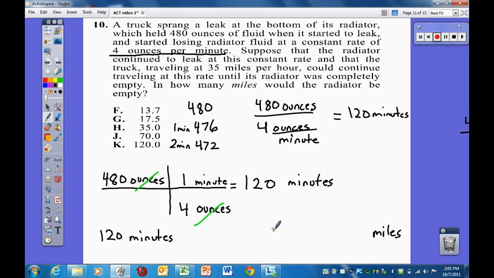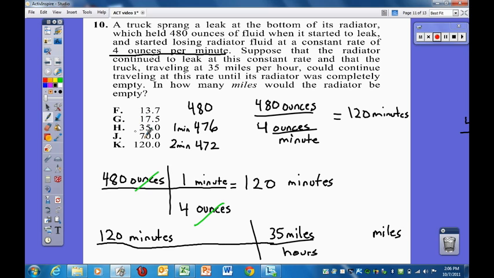So if we had 35 miles per hour as a conversion factor, it'd be nice if we could just say that this canceled out, but we can't. Hours and minutes do not cancel each other out. So there's something missing here.